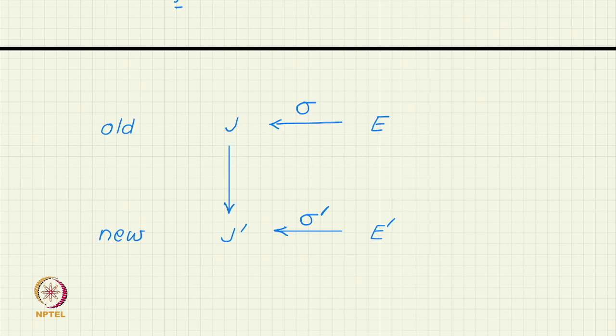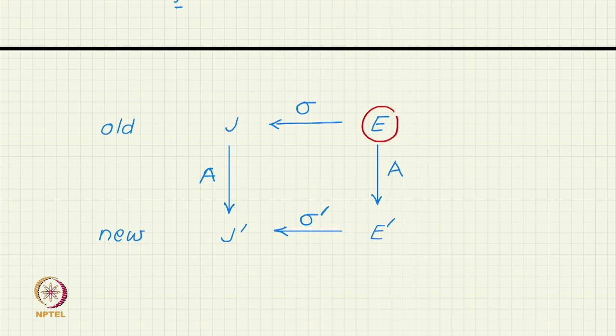So, you are doing a coordinate transformation, and you know that for that you have to multiply j by the matrix A. Similarly, E to E prime is also just another vector, but the same coordinate transformation. So, you also have the same matrix A.